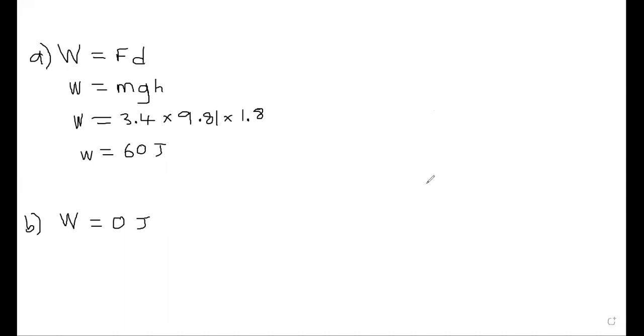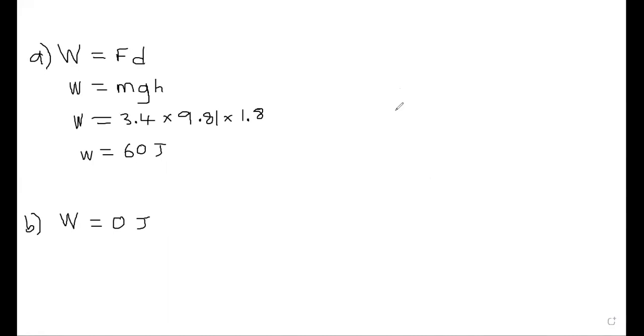So this is something you need to know. When you are lifting something up, gravity, actually no, gravity is supposed to be opposite. Let me not lie to you. Okay, so it's fine.